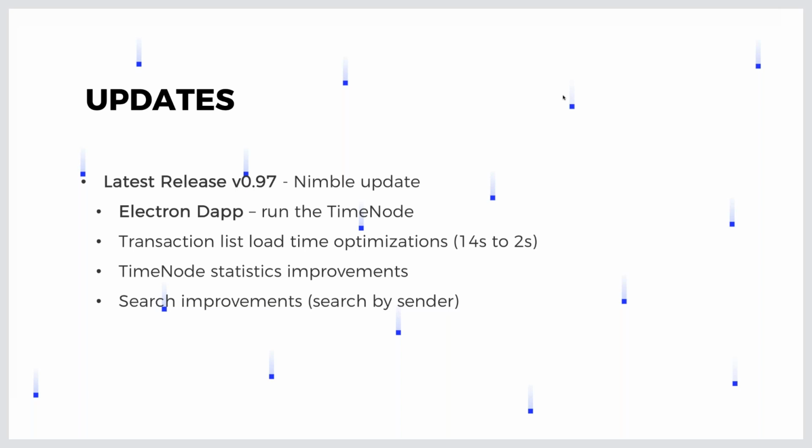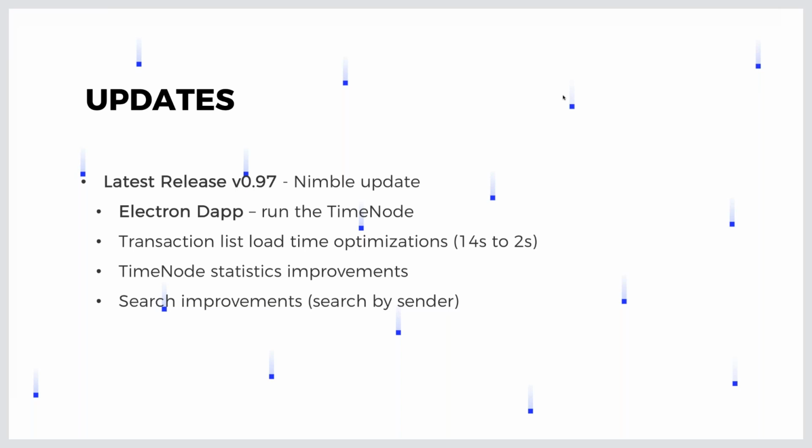So one of the biggest changes we have is the Electron dApp. For you guys who are not familiar with Electron, Electron is a mechanism, a way of bootstrapping, packaging web applications and delivering them as executables for desktop clients.